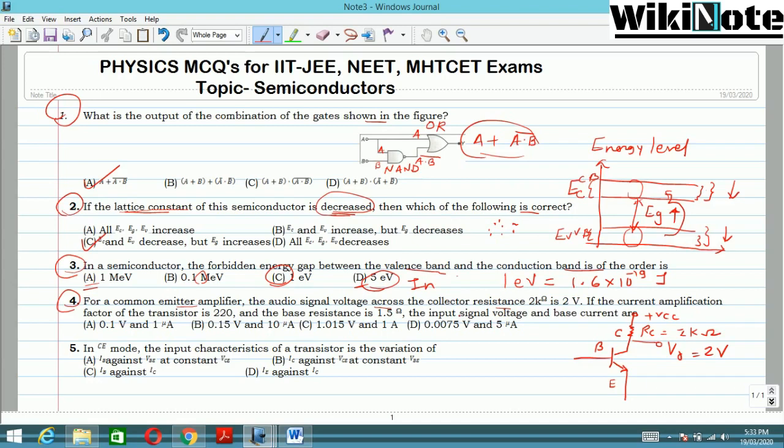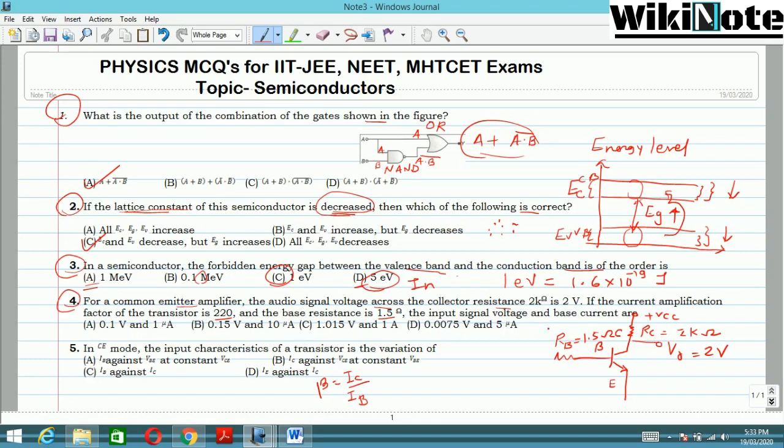If the current amplification factor of the transistor is 220, the current amplification factor is nothing but your beta, which is IC by IB. How to remember this: beta stands for niche, there should be the base current. So the current amplification factor is 220 and the base resistance is 1.5 ohm. So this is going to be RB, which is simply 1.5 ohm.